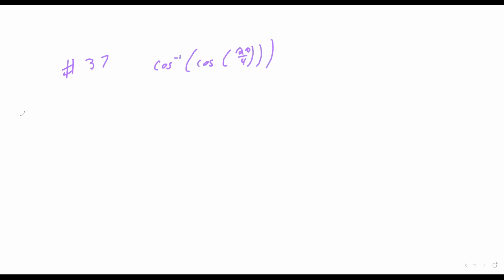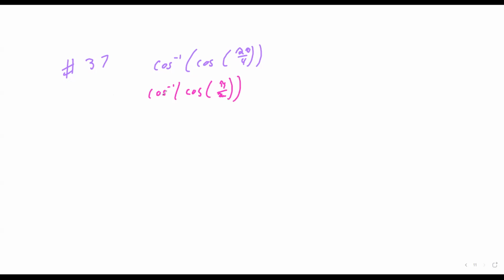All right, so a lot of students will get this wrong in the sense that they'll go, all right, well, an inverse of an original function must cancel out. That must be the answer. That can be true, yes, but it's not always true. You've got to see where this falls. So I'm going to rewrite this function as cosine inverse of cosine pi halves.